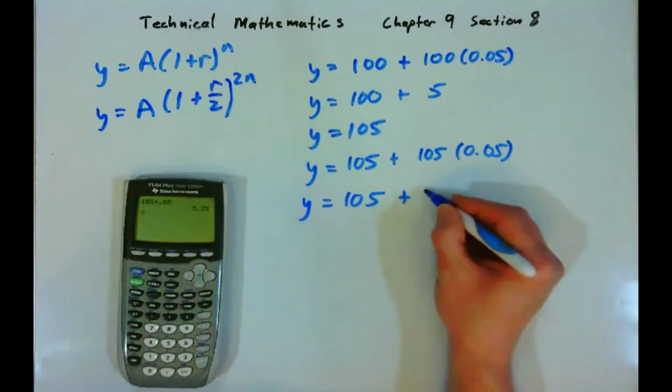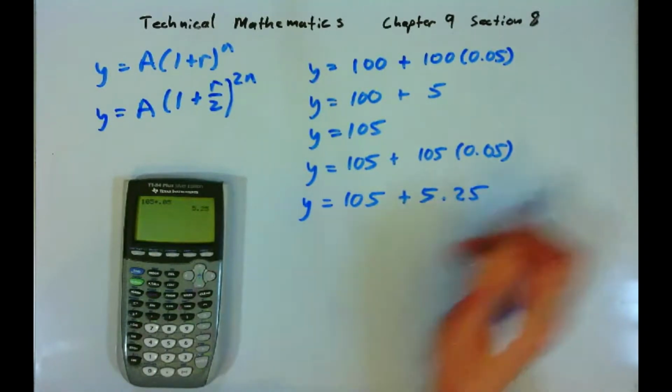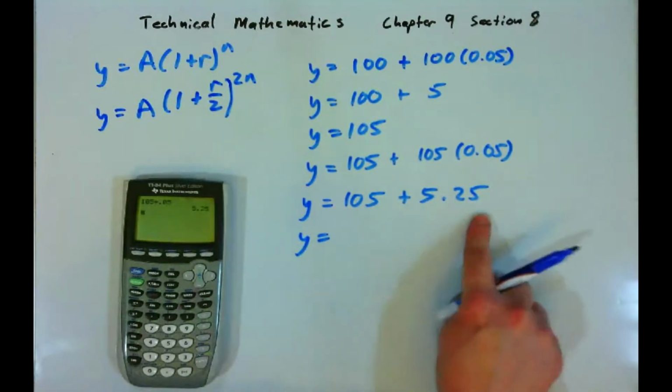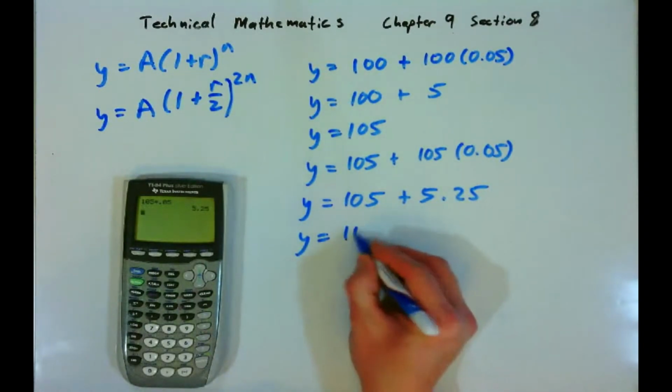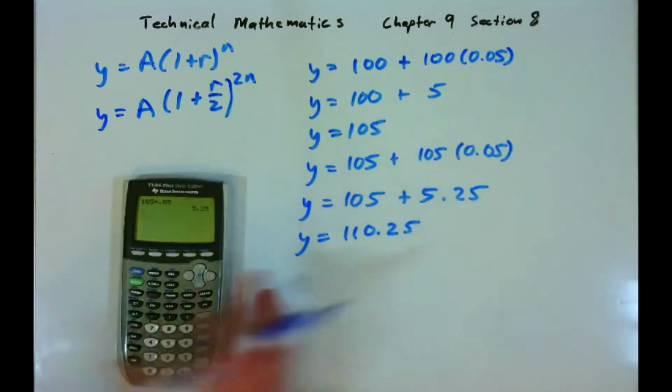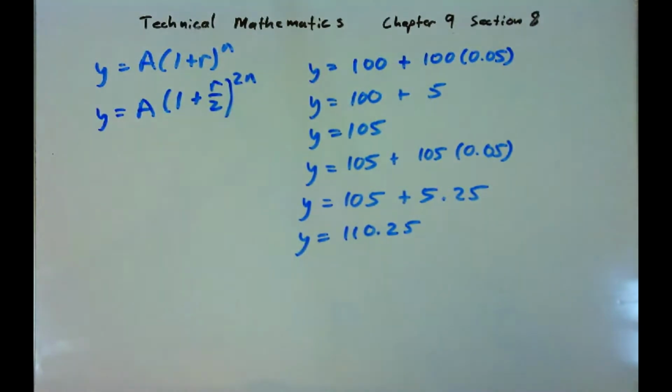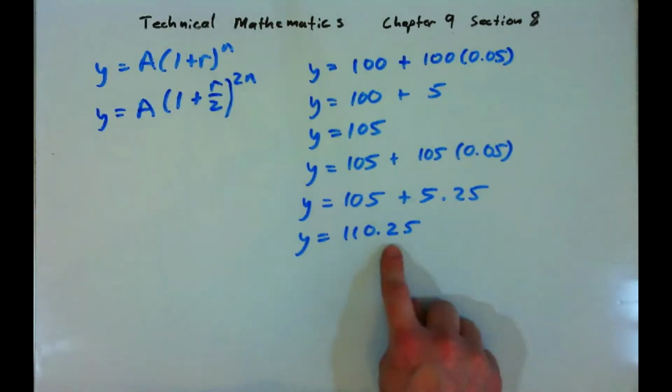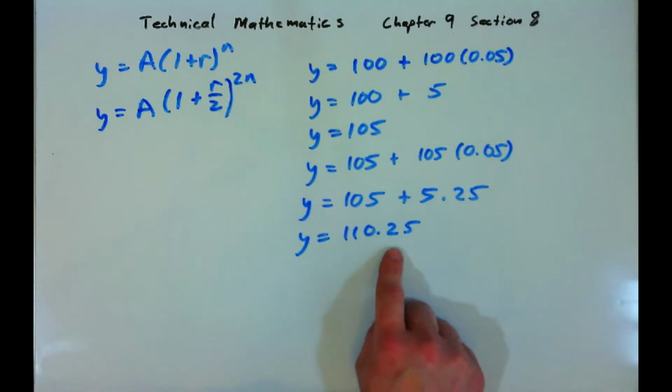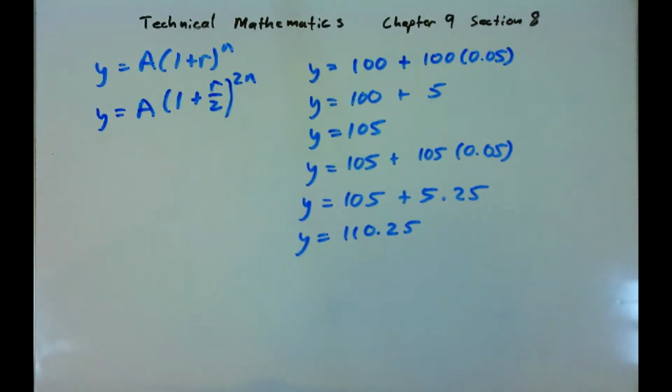So you have $105 plus $5.25, and at the end of the first year, you will have $110.25. So if your interest is compounded every 6 months rather than every year, you earn slightly more, right? If it was compounded at the end of the year, you would only have $110. If it is compounded every 6 months, you'll have slightly more, $110.25.